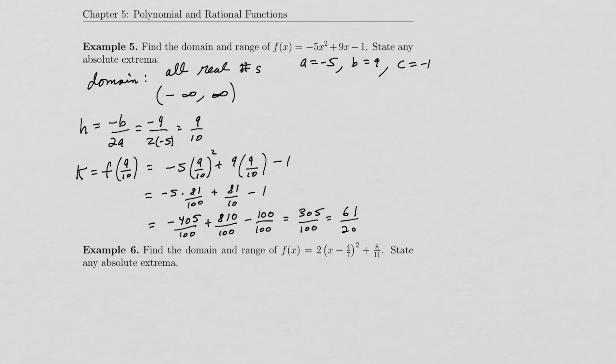Okay, so that's k. All right, we know that this opens downward, right? And what tells us that? The a equals negative 5, right? So it opens down. So this thing is going to have, if I just draw a little sketch of it, it's going to have a vertex at the point 9/10 and then 61/20, which is like a little over 3.